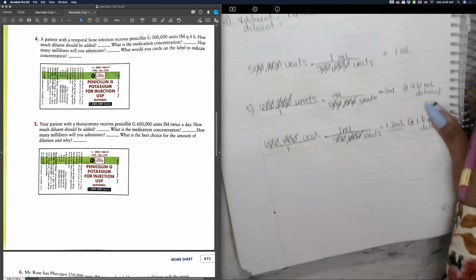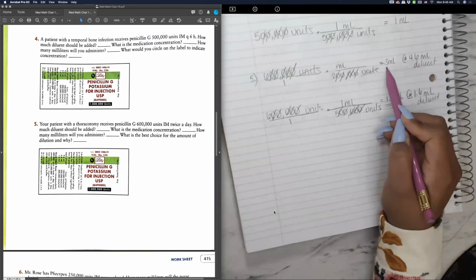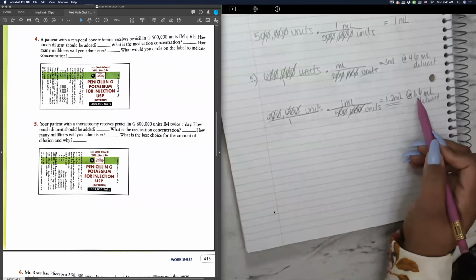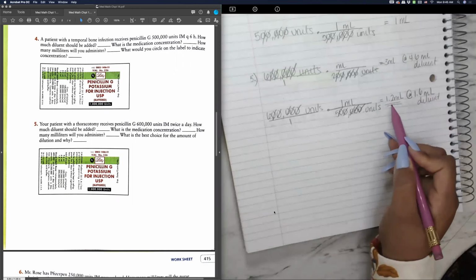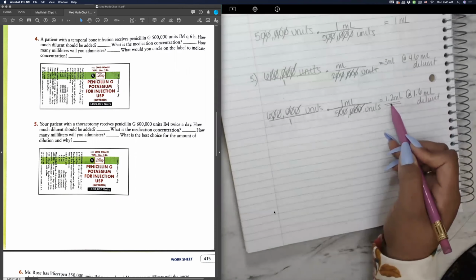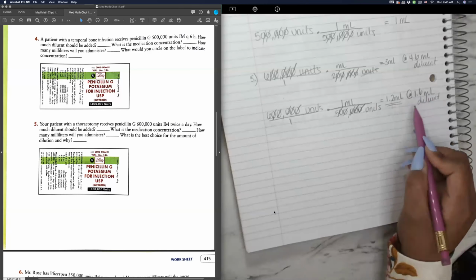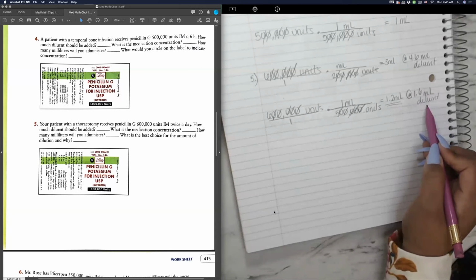If I choose the 4.6 milliliters of diluent, I'm going to administer 3 milliliters to my patient. If I choose the 1.6 milliliters of diluent, then I end up administering 1.2 milliliters of medication. And so typically we want to ensure that our patient receives a smaller volume. So we would choose the 1.6 milliliters of diluent to add to our medication to reconstitute it.